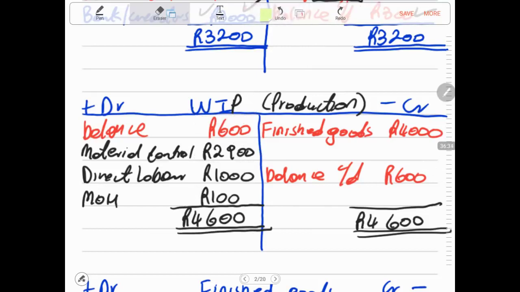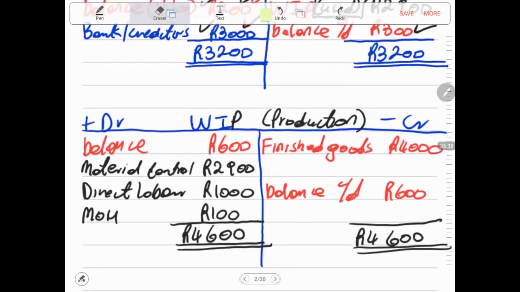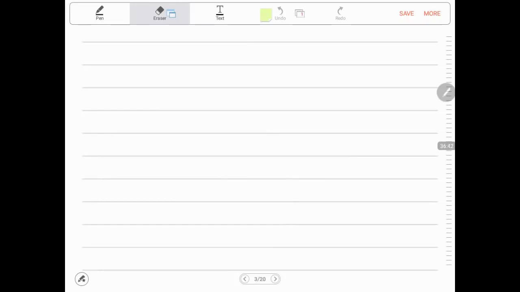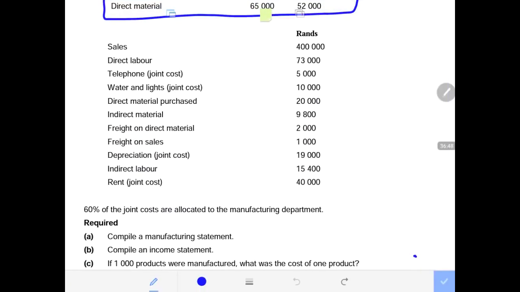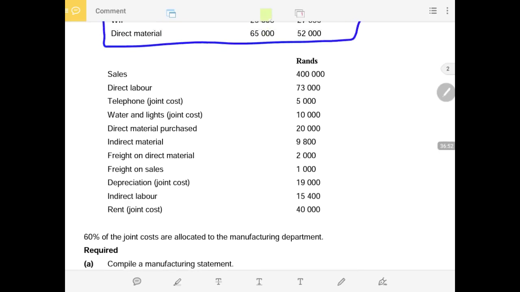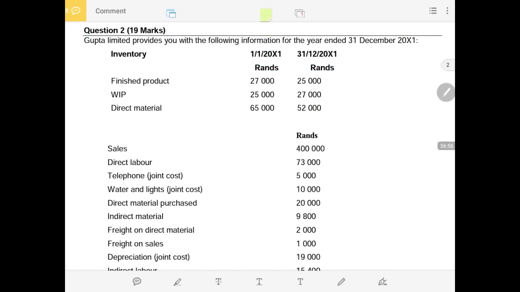Now with this knowledge and this information, I can now go further and directly respond to the question that you were required to do. Now this was just an overview of the background of where everything is coming from and how it links with the ledger account. And again, when I'm responding to this question, I will show you exactly how this information links with the ledger account.